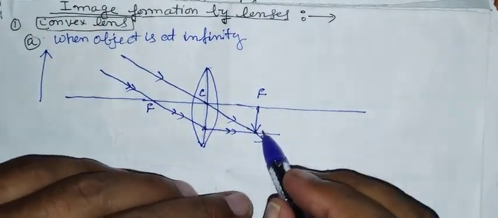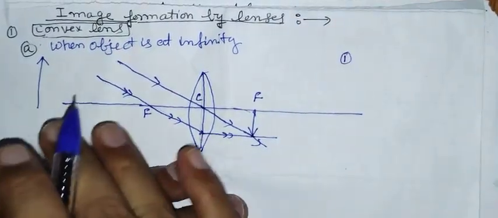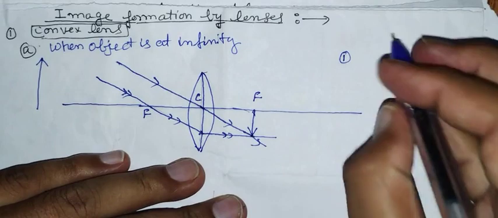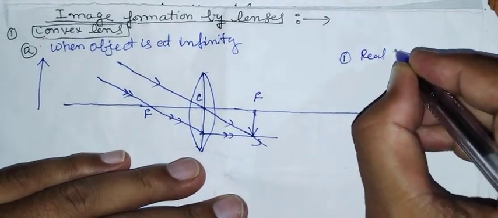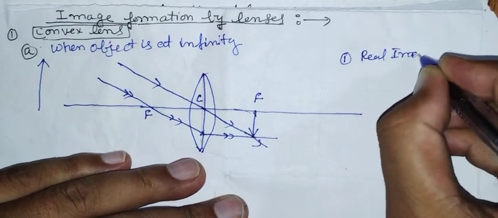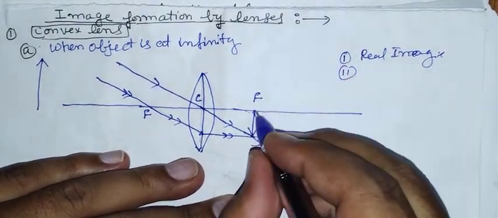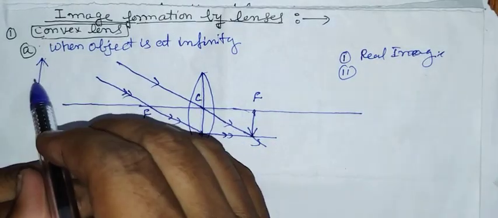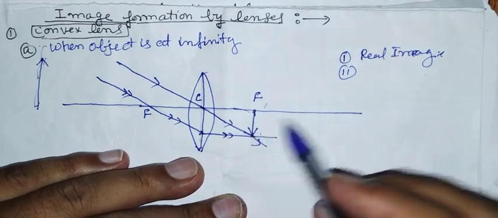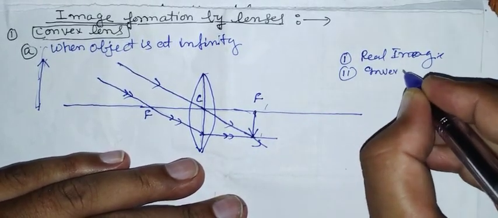Very small image. Let us see the characteristics. If the image is formed on the other side, it is called a real image. Second, a real image is inverted, opposite to the object. The arrow is upward, the arrow is downward, so inverted.